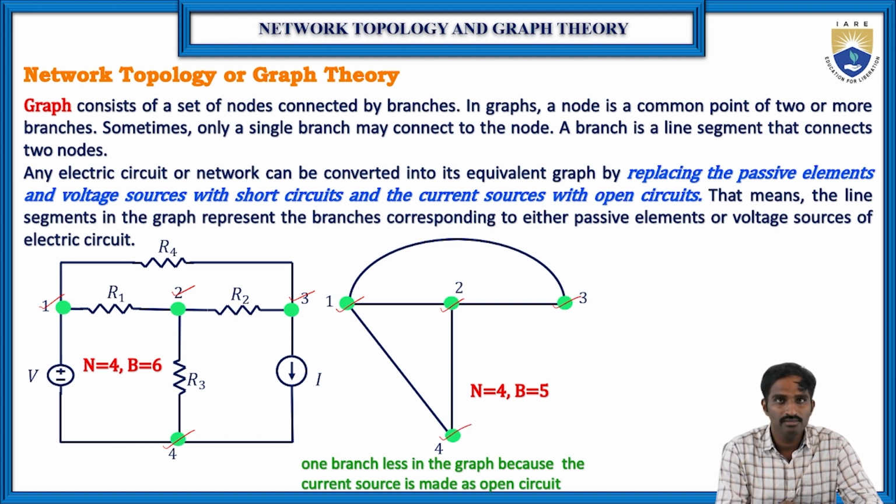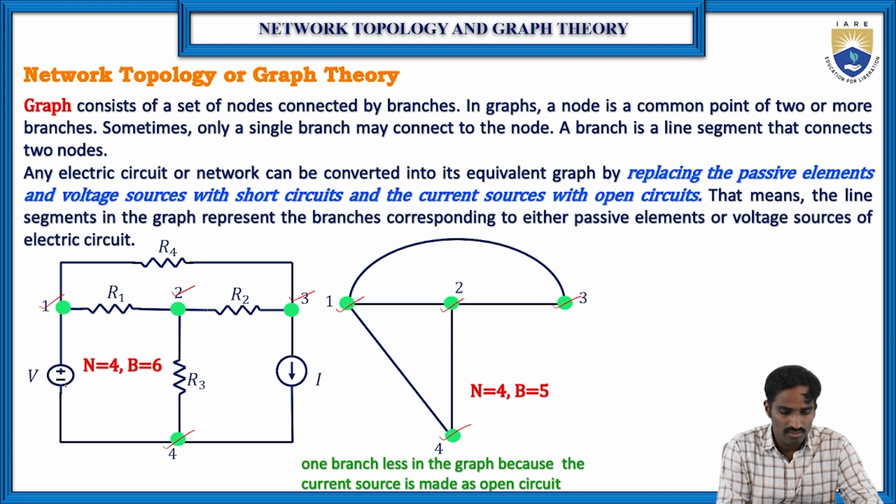Then the network can be converted into the equivalent graph by replacing the passive elements and the voltage source with a short circuit. The passive elements means the resistors, inductors or capacitors. In the given circuit, the only passive elements are the resistors, along with the voltage source.